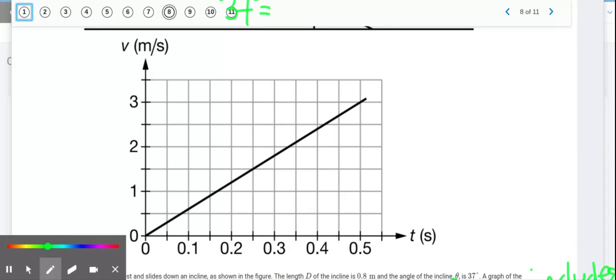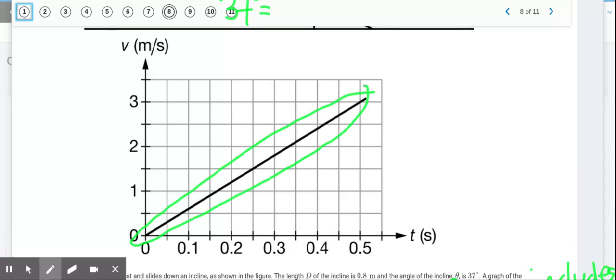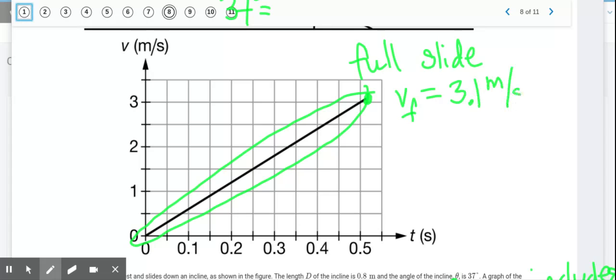This is the graph of the full slide, meaning that we can say that V down at the bottom, so V final, is equal to about, you can estimate it, maybe 3.1 meters per second.